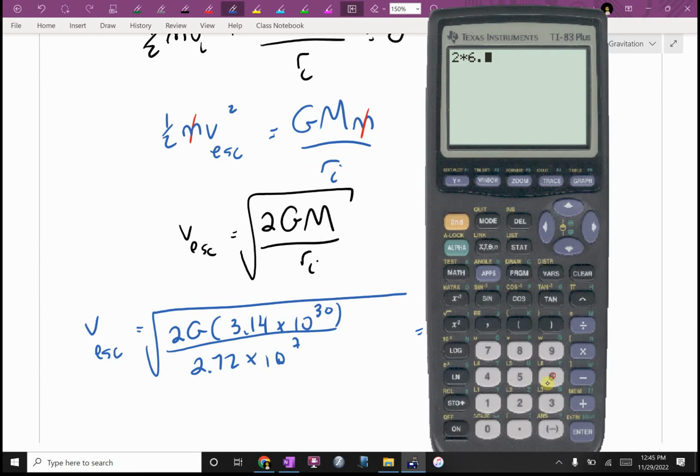So 2 times 6.67 times 10 to the negative 11 times 3.14 times 10 to the 30th, divided by 2.72 times 10 to the 7th. Square root answer button. Thank you, thank you, thank you.